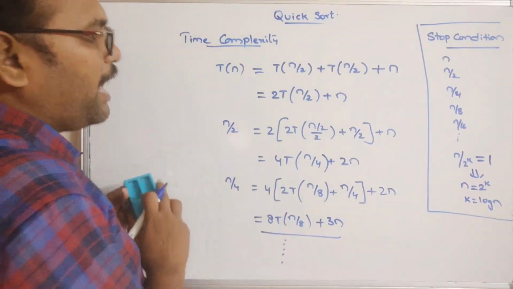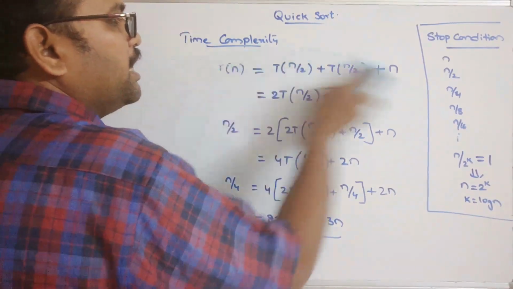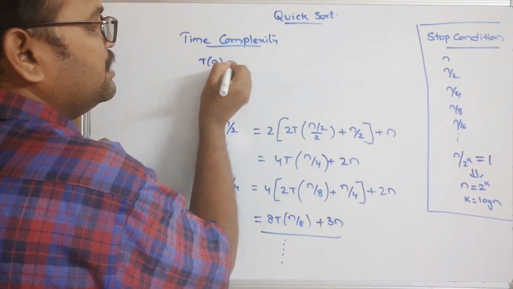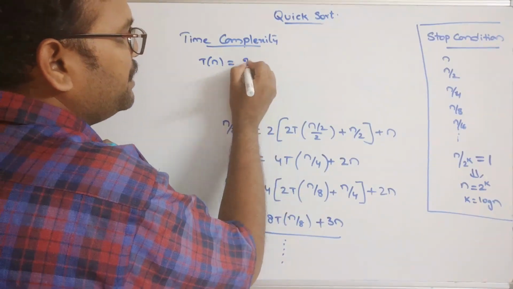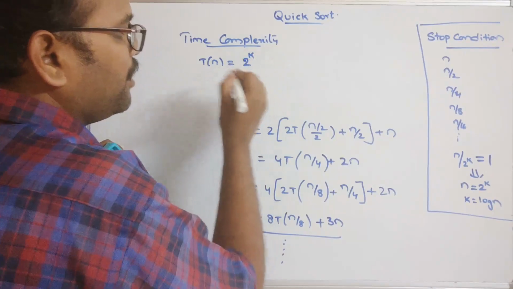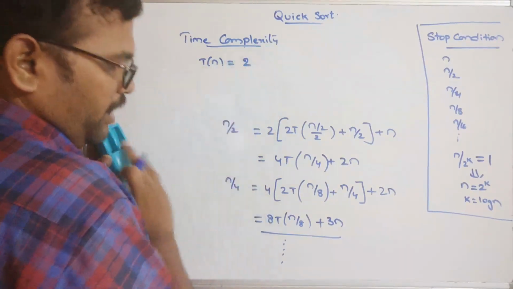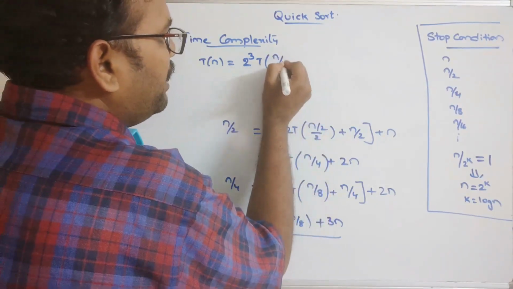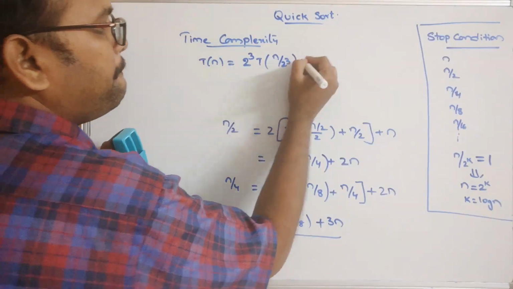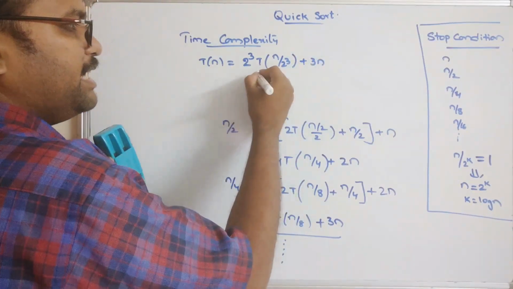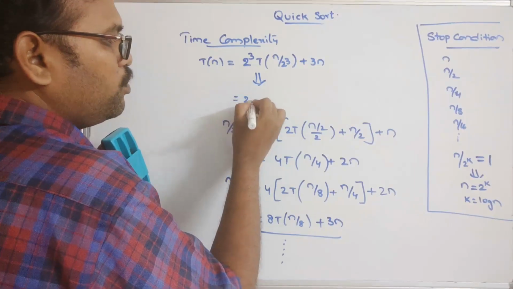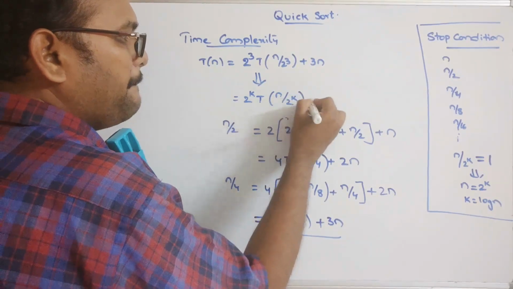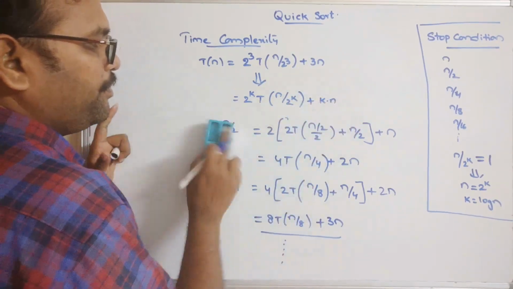So in general we can write T(n) equal to 8, that means 2^3, into T(n/2^3) plus 3n. In the generic form we can write this as 2^k T(n/2^k) plus k into n.